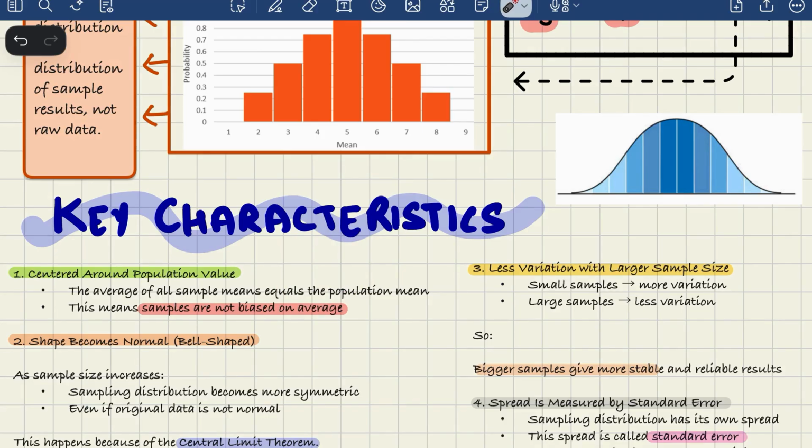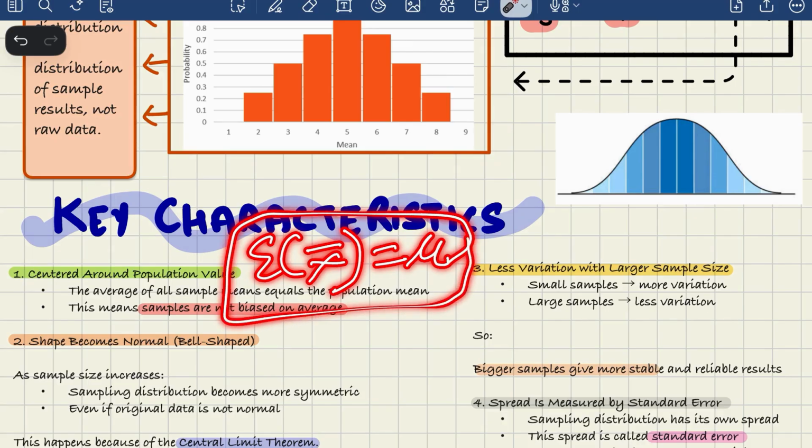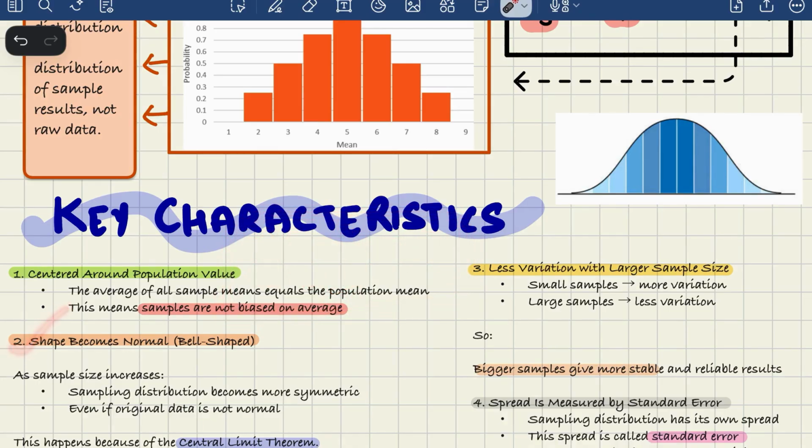How do we represent this? The expected value of the sample mean is equal to the population mean. This is how you write this characteristic. Then we have the second property: it forms a bell-shaped curve, a normal curve.